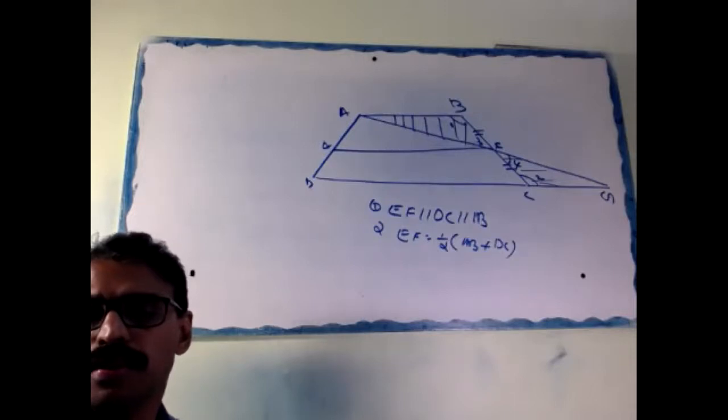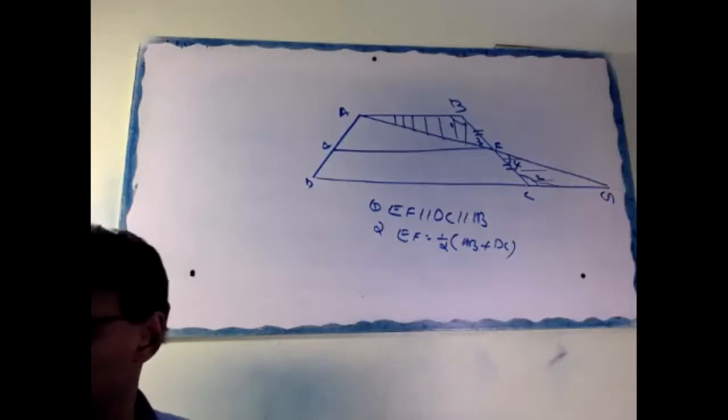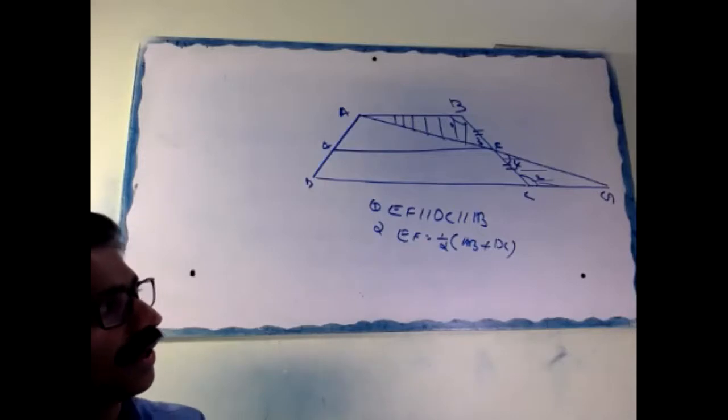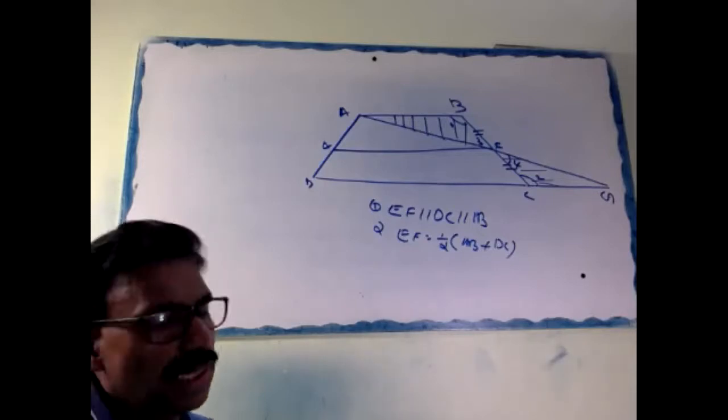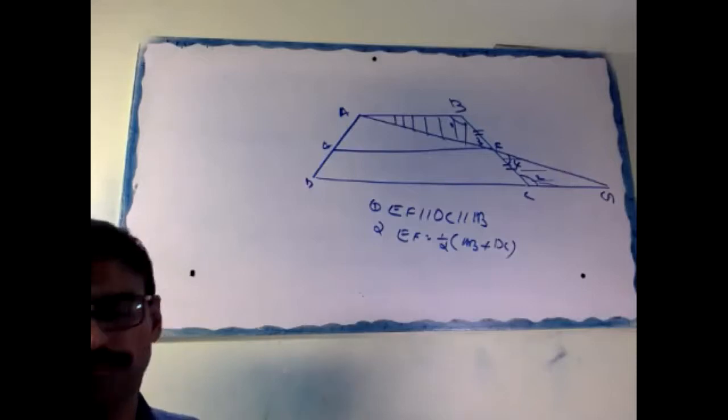Therefore, triangle ABF is congruent to triangle GCF.